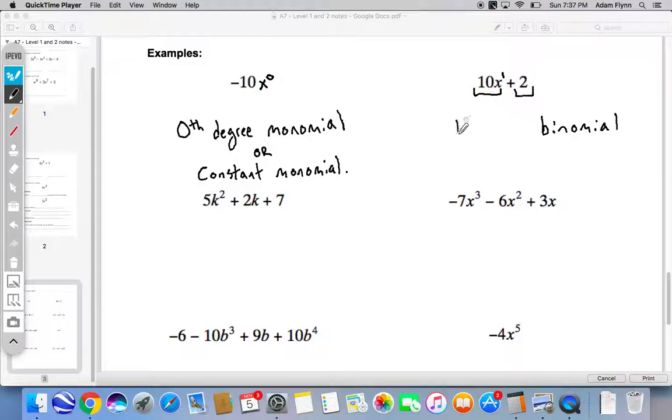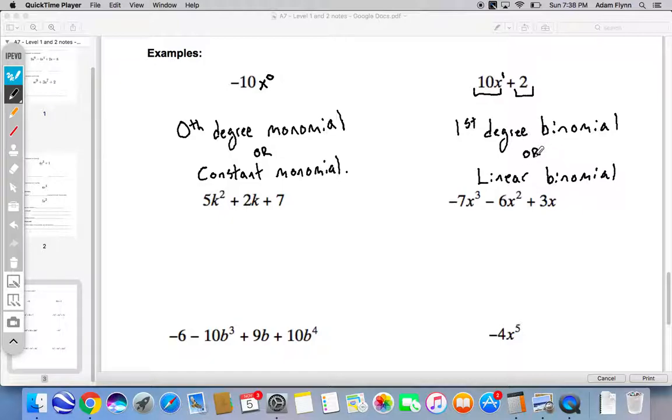So we could call this a first degree binomial, or a binomial to the first degree, or our special term when our highest degree of our exponent is just 1, a linear binomial. So either of those would be accepted, as well as a variety of other ways depending on how you choose to word this.